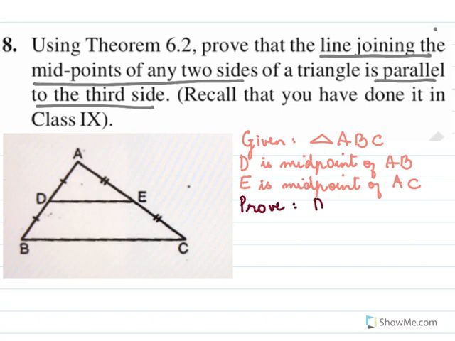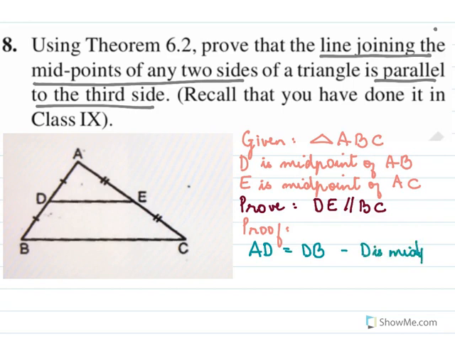We need to prove that DE is parallel to BC. So the first part, I will say that AD is equal to DB, and the reason is D is the midpoint. And if that's the case, I can say AD over DB is equal to 1.